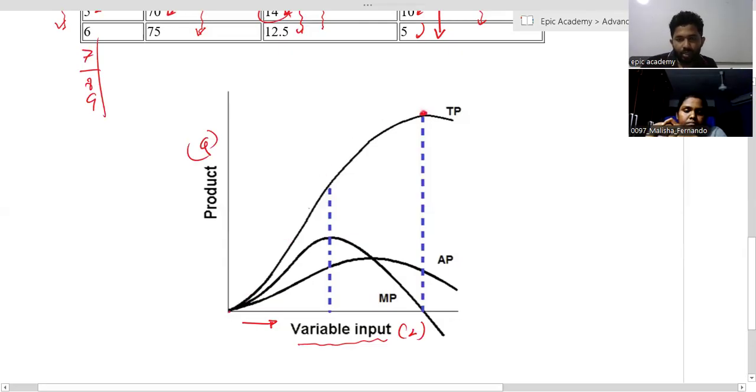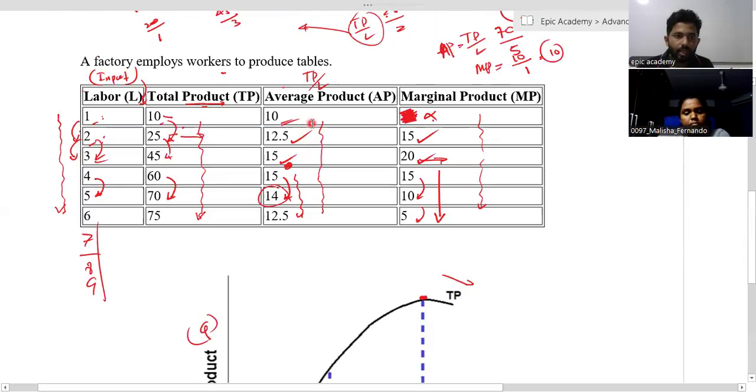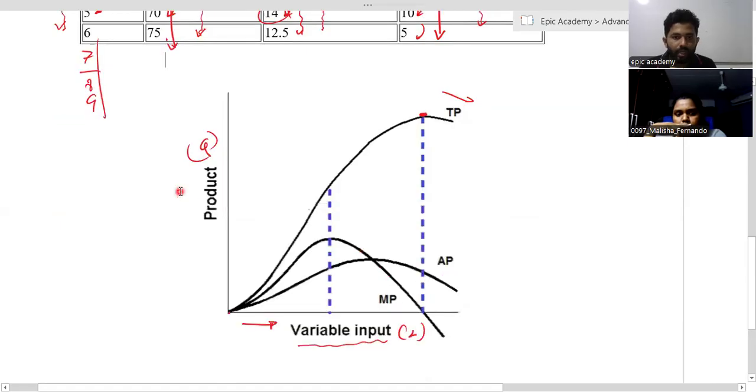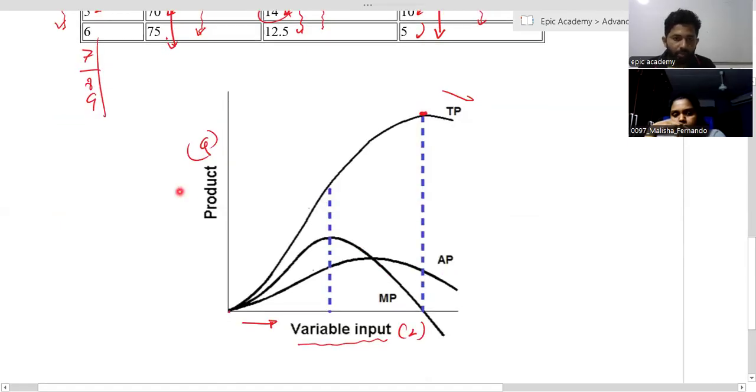After a certain point, if you add more and more inputs, what happened? Total production is also going to be reduced. Here you cannot identify that because inputs are limited. But here you can identify at once that average production increases.